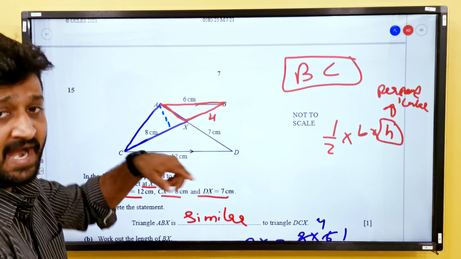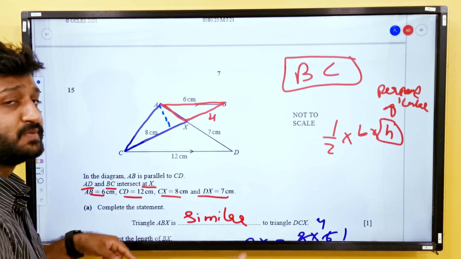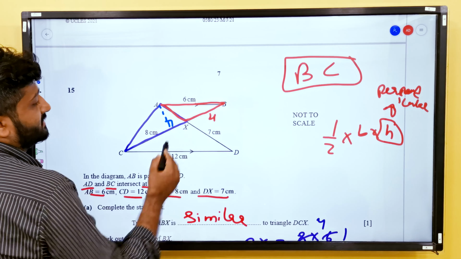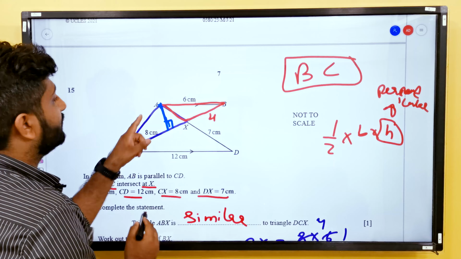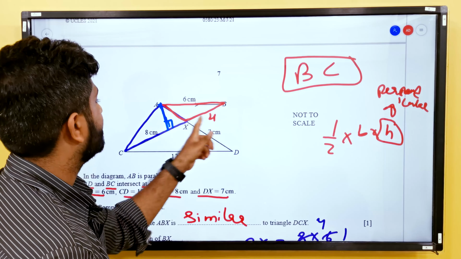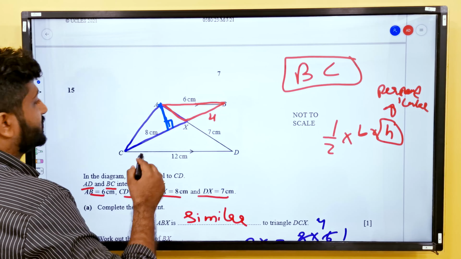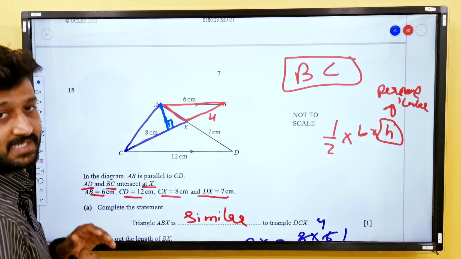Since the base is shared between triangle ABX and ACX, triangle ACX will also have the same perpendicular height, 90 degrees to the base. This is going to be the height of triangle ABX, and the same height is also going to be that of triangle ACX.